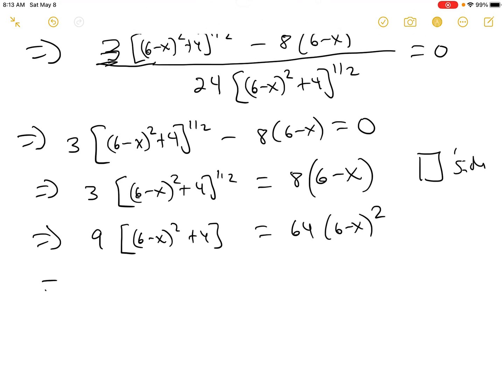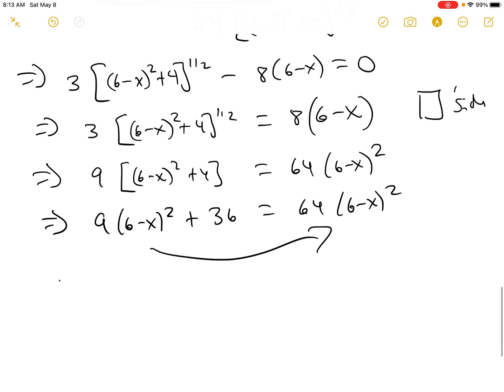Okay, distribute the 9. Bring this guy over here by subtracting, so we get 36 equals 64 minus 9, which is 55, times (6 minus x) squared.